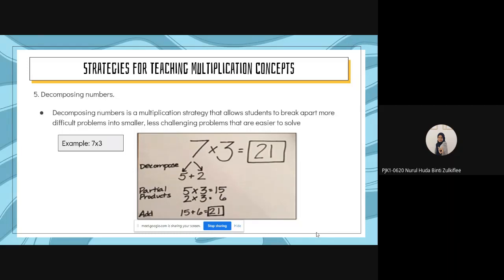And we can see that the partial product is 5 times 3 equals 15, and 2 times 3 is 6. So the partial products we need to add, and we can get the answer. So 7 times 3 is 21.